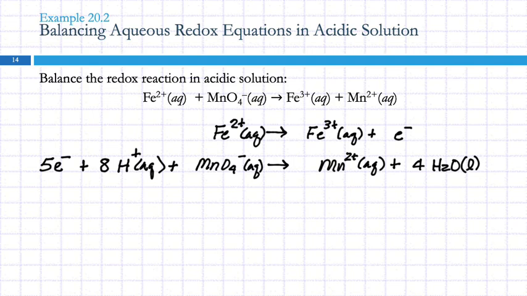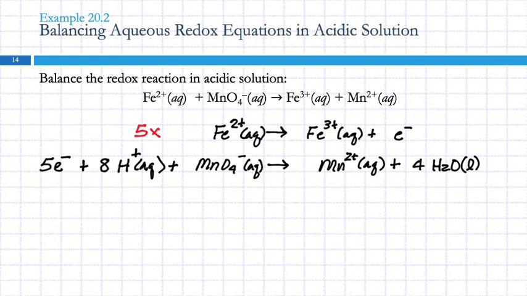When we add these together, we need the electrons to cancel out, so we need to get the number of electrons the same for each reaction. This one has 5, that one only has 1. So we'll multiply this top one by 2. No, I don't know where that came from.